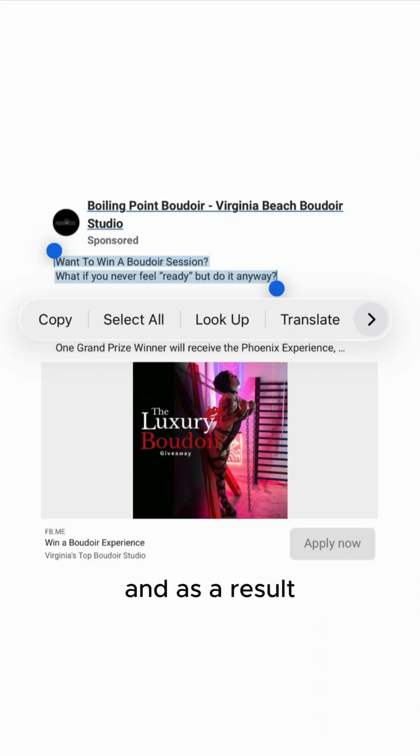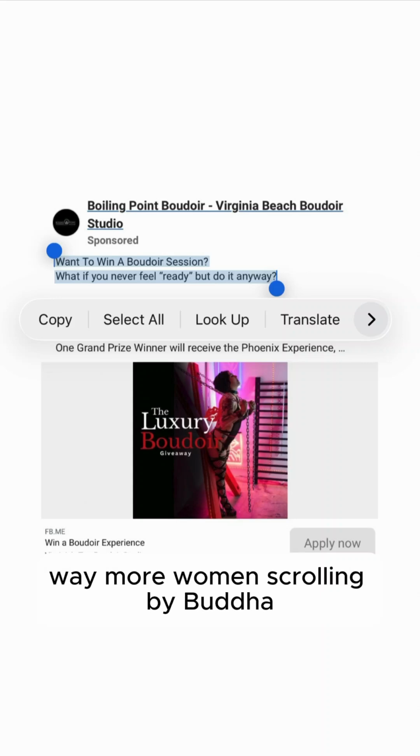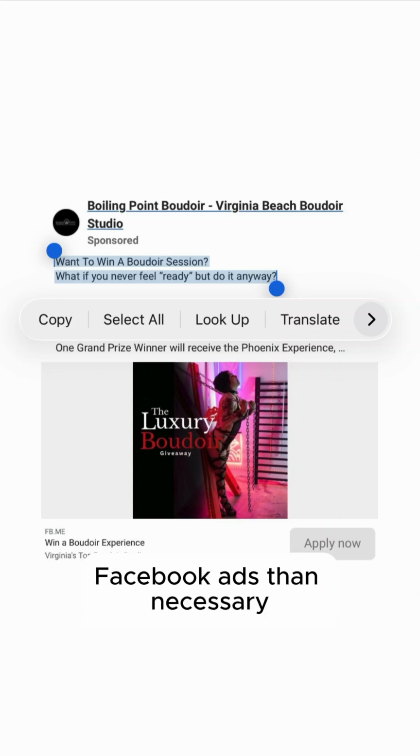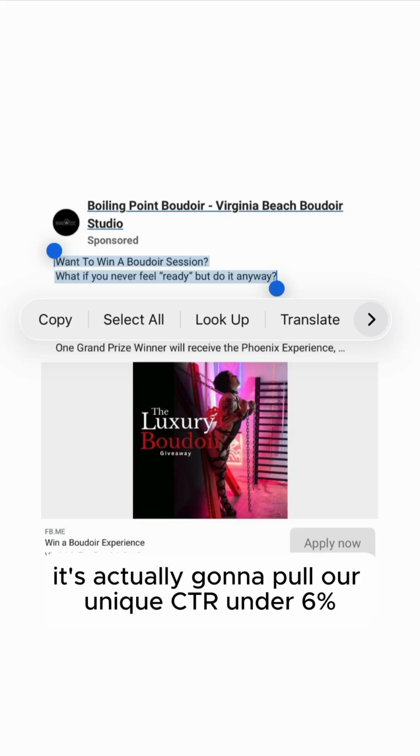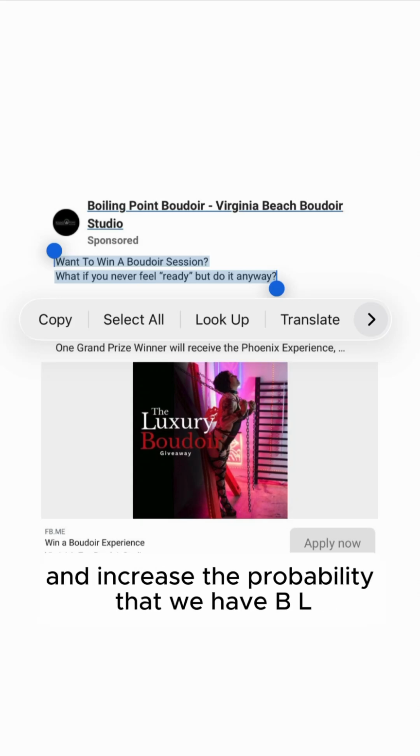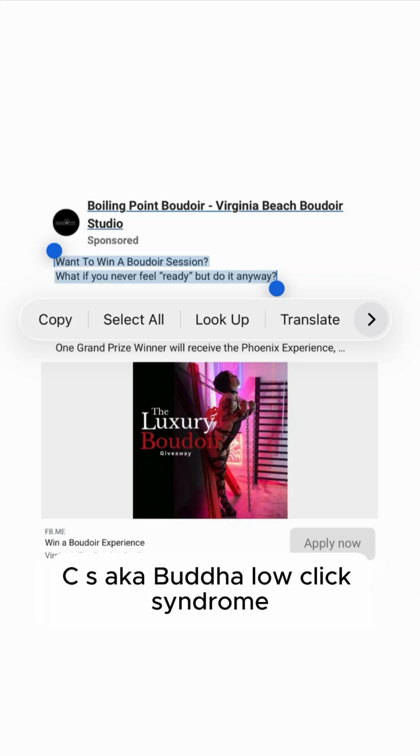And as a result, we're actually going to have way more women scrolling by our boudoir Facebook ads than necessary. And it's going to pull our unique CTR under 6% and increase the probability that we have BLCS, aka boudoir low click syndrome.